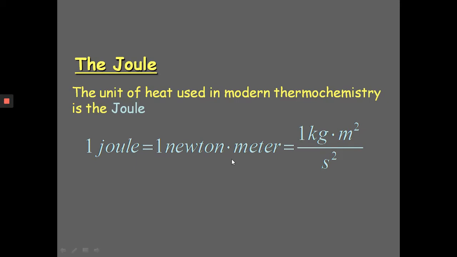Now, this is physics; you are going to learn about the Newton as a unit in your physics class, which is equivalent to 1 kilogram times meter squared over second squared. And 4.184 joules is equivalent to 1 calorie. The calorie is the energy unit we typically use for food.